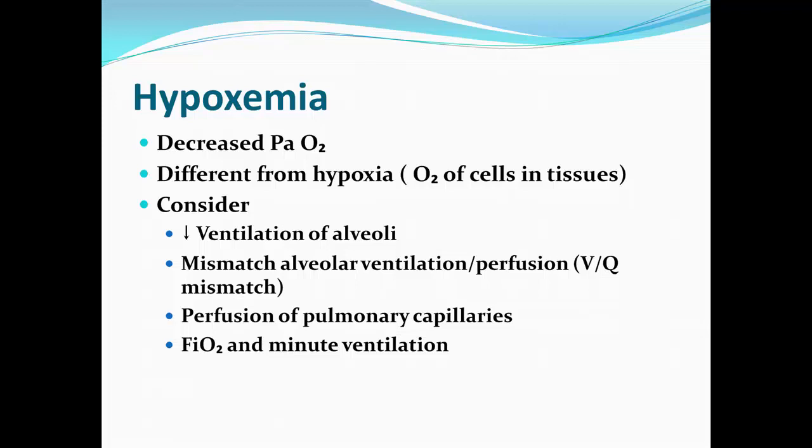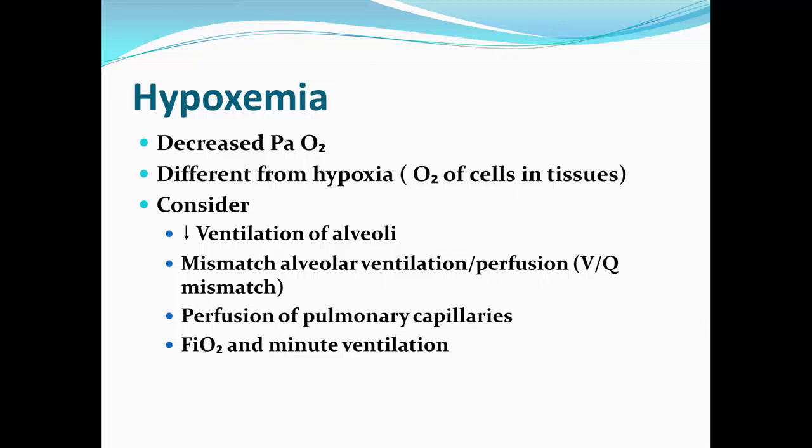We always want to be sure that we think about perfusion of the pulmonary capillaries. That makes sense, because if you can't perfuse those pulmonary capillaries, there's not going to be much gas exchange. And then the last thing to think about is the FiO2, or the fraction of inspired oxygen, as well as the minute ventilation.